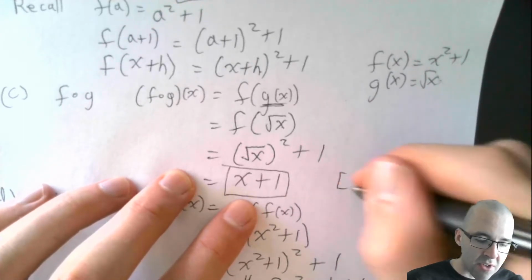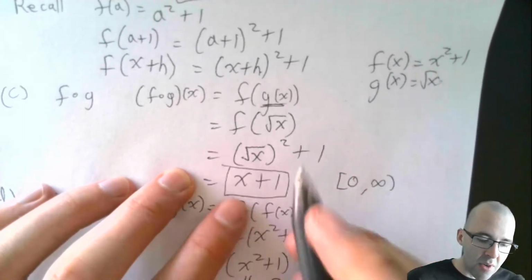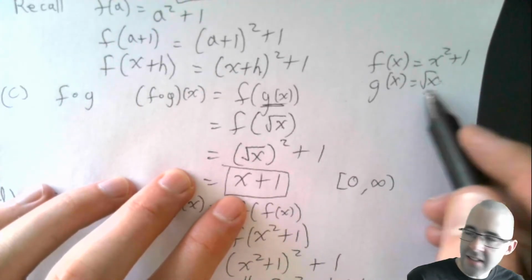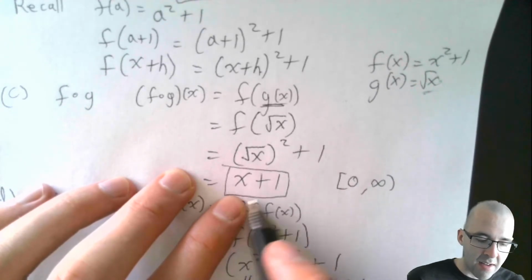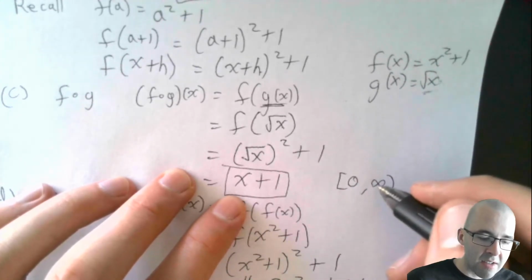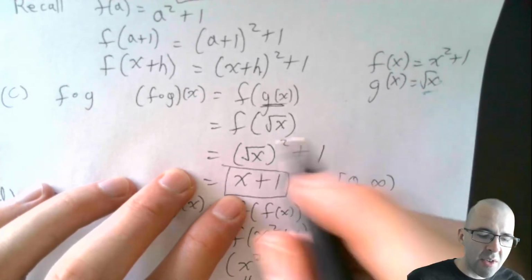So the domain of this function actually is 0 to infinity, even though it doesn't look like that would be the domain. You have to intersect the domain of the inside function with the domain of the simplified function. Okay? So you're still going to get 0 to infinity, even though it looks like it simplifies away.